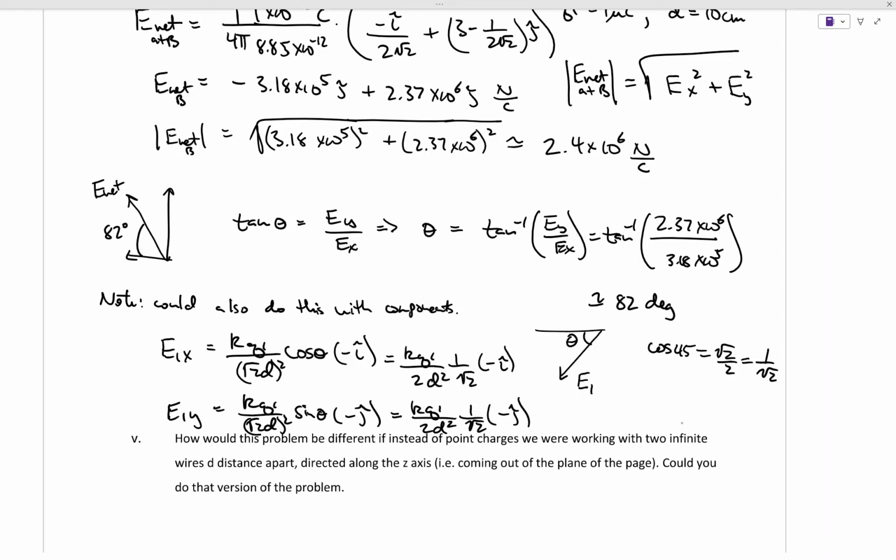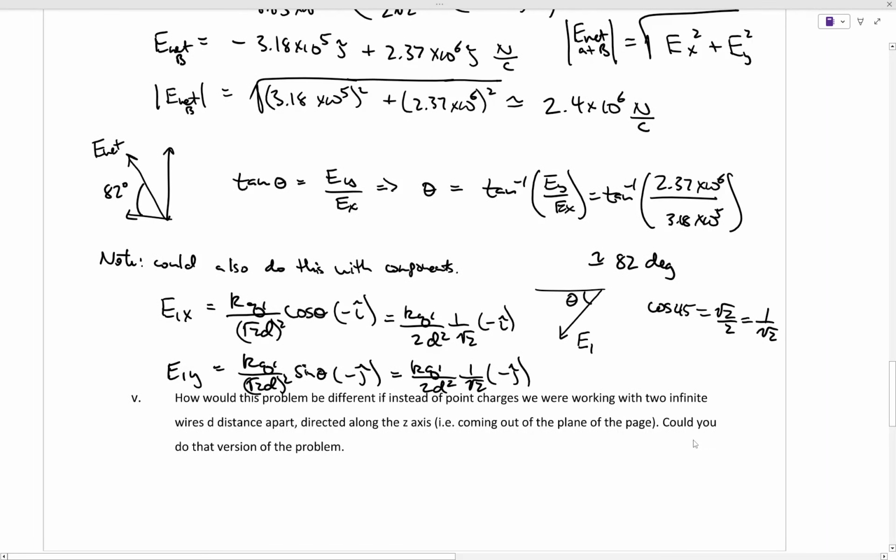And then the last little bit on here is, how would this problem be different if instead of point charges we were working with two infinite wires that were spaced like that? Basically, you would want to be able to do this same kind of problem. The only qualitative difference is that if you consider two wires coming at you, could you find the field above here?